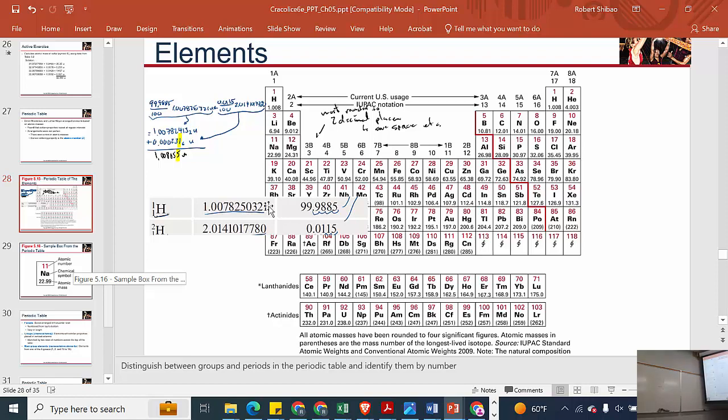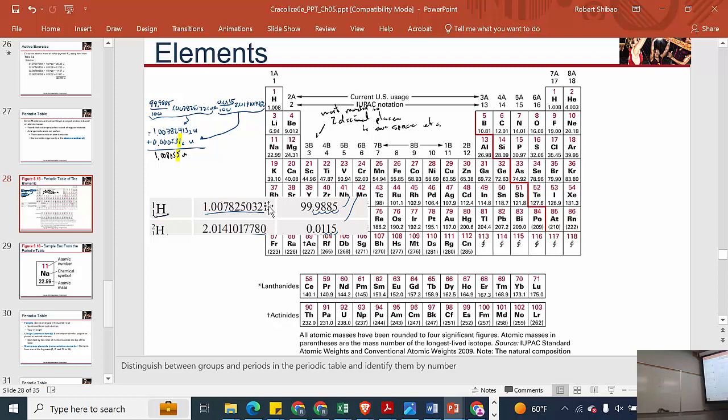And so the main group is this first block and the second block. This block in the middle is called the transition elements, so we're transitioning across. These are the lanthanides and the actinides. And then all the elements on the left are metals except for hydrogen. Hydrogen does have some metallic properties.